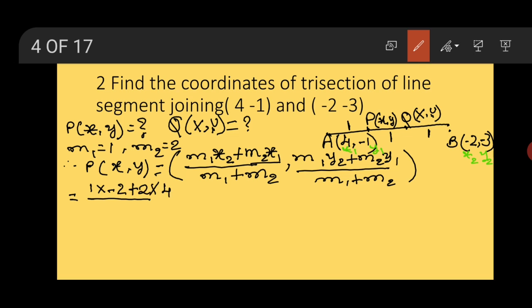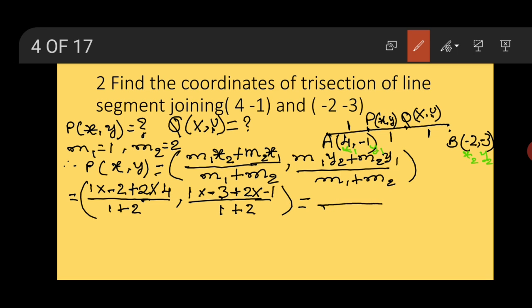Now m1 is 1 into x2, which is -2, plus m2 is 2 into x1, x1 is 4, divided by m1 1 plus m2 2. And again the y coordinate: m1 is 1 into y2 is -3, plus m2 is 2 into y1 is -1, divided by m1 plus m2.